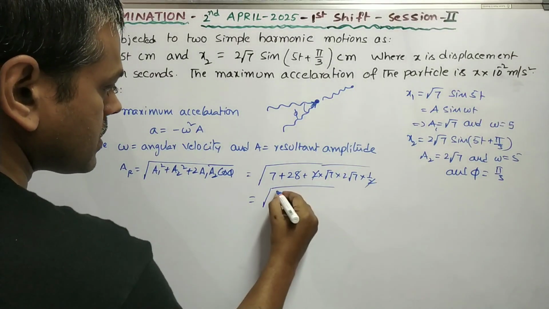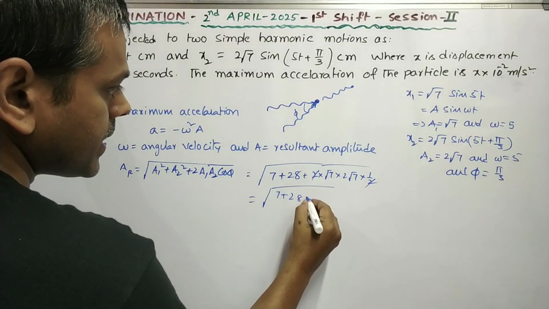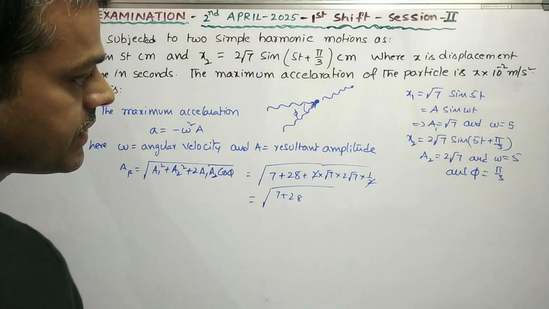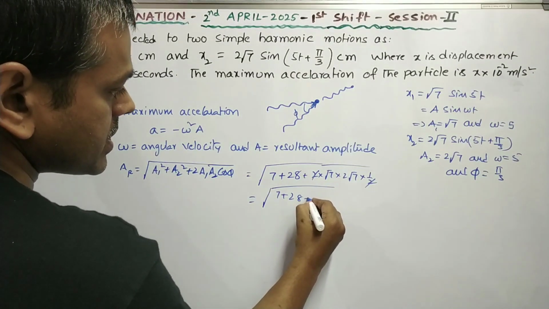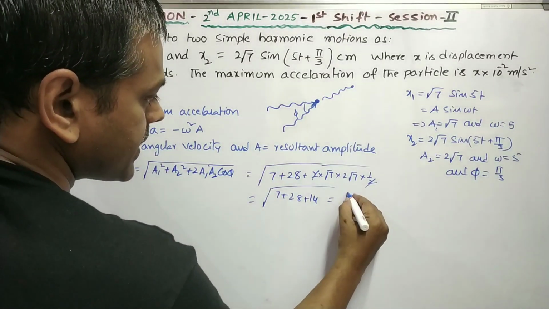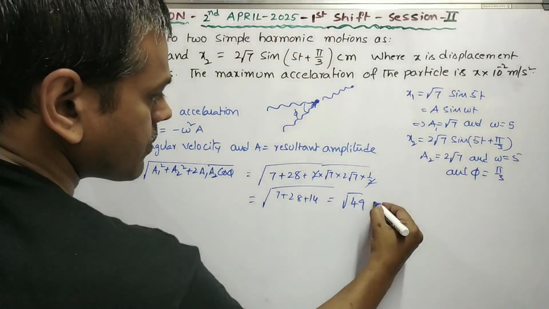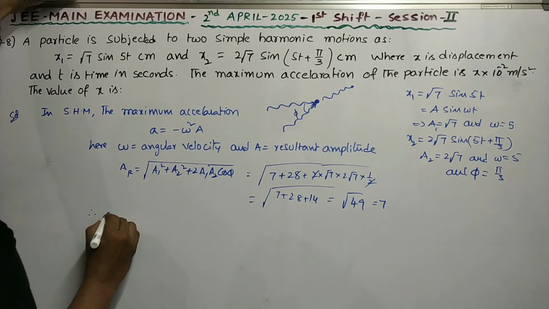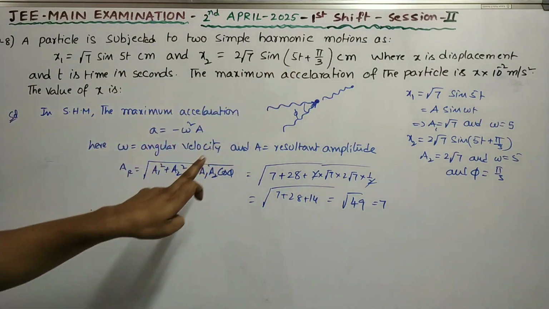So under root 7 plus 28 plus root 7 into root 7, 7, 2 fours are 28, 7 and 14, which is equal to 49. Equal to 7.